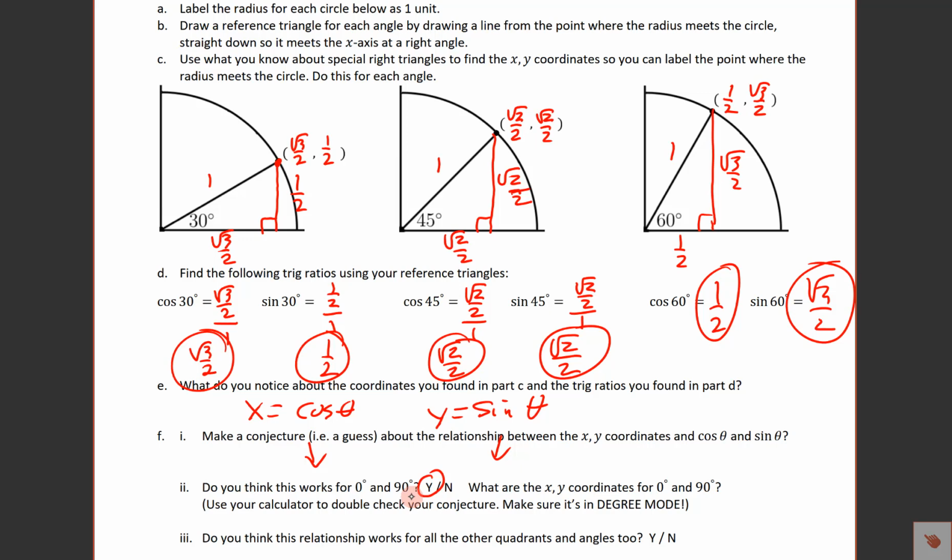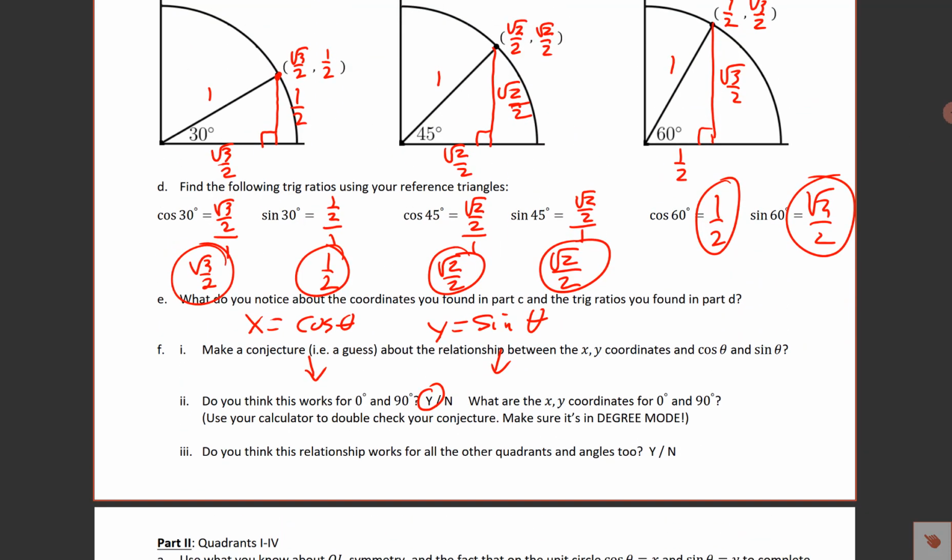Okay, take a look here. I'm going to draw a little reference triangle for 0 degrees. So let me see if I can do this here. For 0 degrees, it would look something like this. So this would be 1, and if it was truly 0 degrees, that would be 0 and that would be 1.